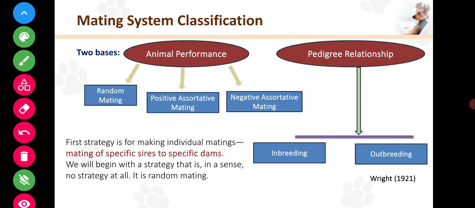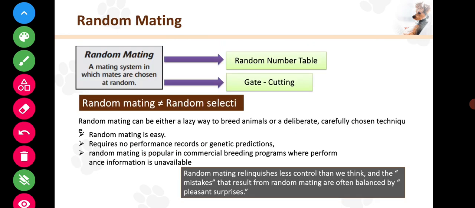Random mating is considered a strategy without any strategy. As the name suggests, it is a mating system in which mates are chosen at random, without any strategy.